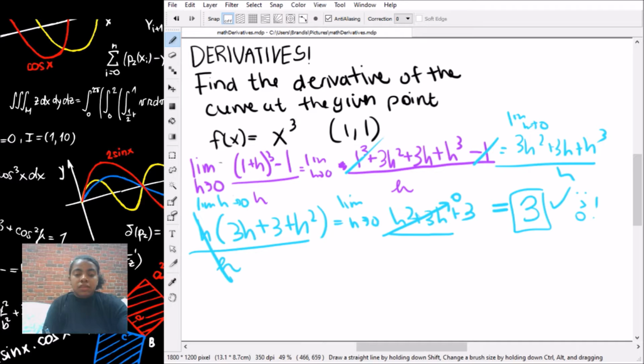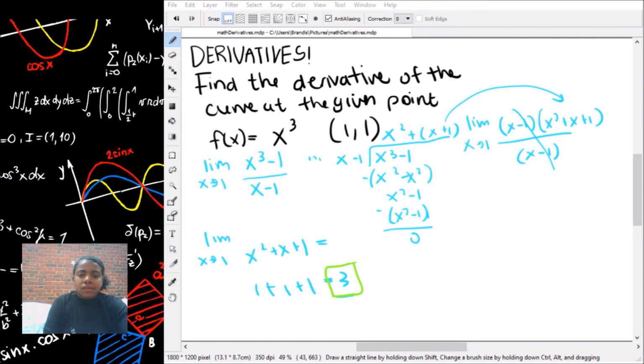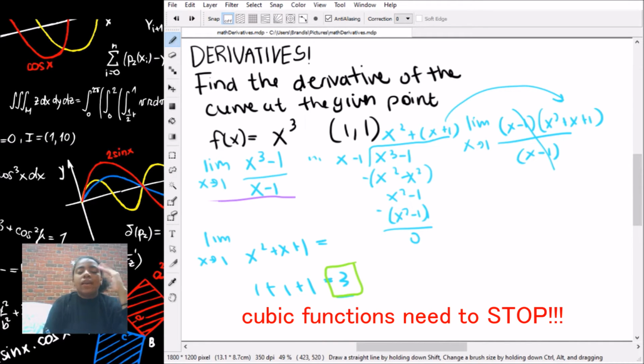Now, if I were to do this the x to 1 way, which I did, this is the way I did with x goes to 1. But I hate cubic functions, like with all my heart. I don't know how to factor them.